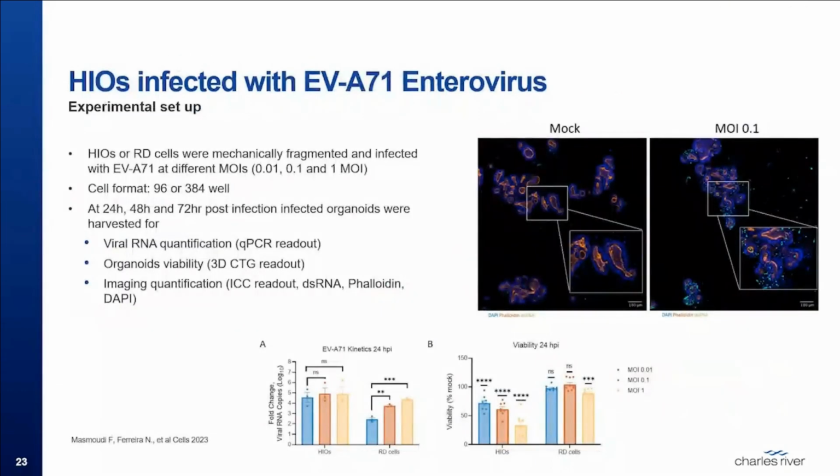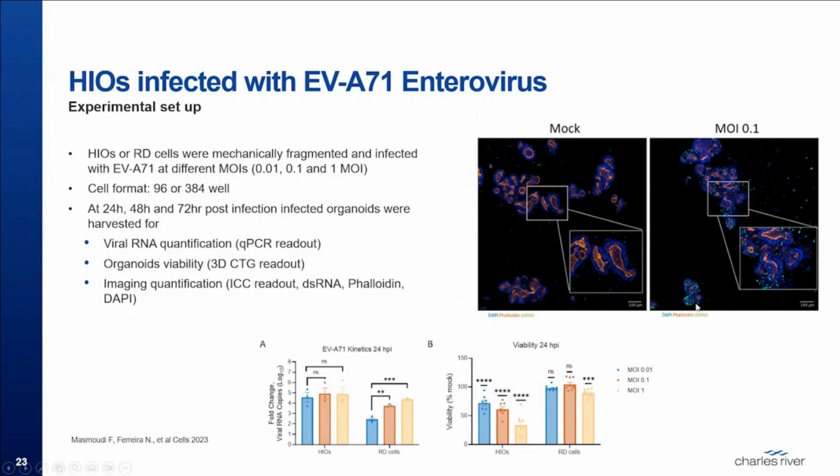Here you can see the organoids can be infected with the enterovirus. What was already clear was that in organoids we reach a higher number of virus copies already early on, compared to a reference cell line. And this goes together with the fact that the organoids are much more sensitive, or the viability is much more reduced, compared to when the reference cell line was used.